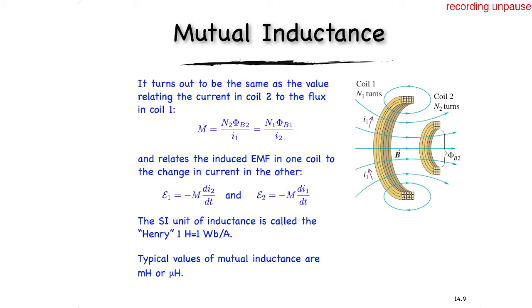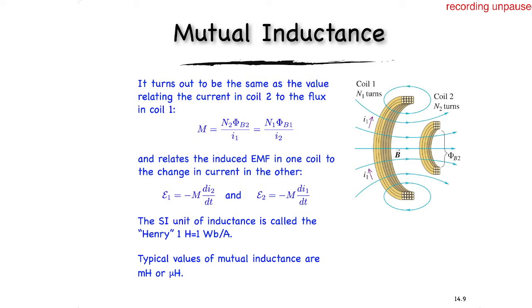Right? When we plug in our value for M, we're getting the change in flux with respect to time, which is just Faraday's law. So this is basically rewriting Faraday's law, where all the constants that relate how current here relates to flux there are grouped together in this quantity M, the mutual inductance.